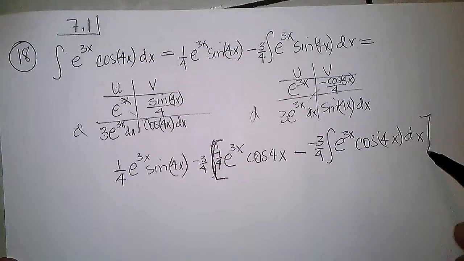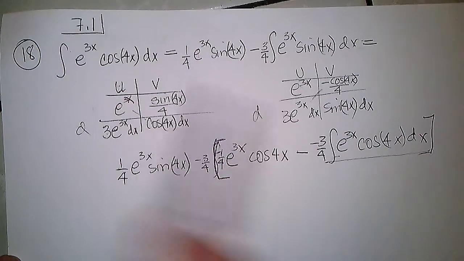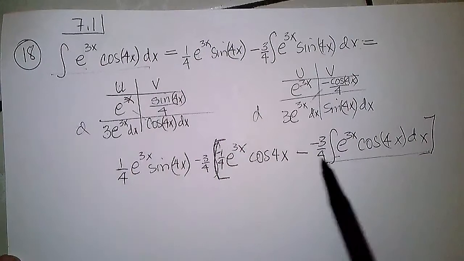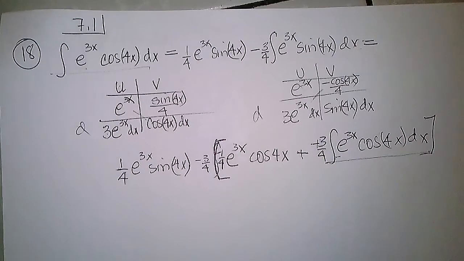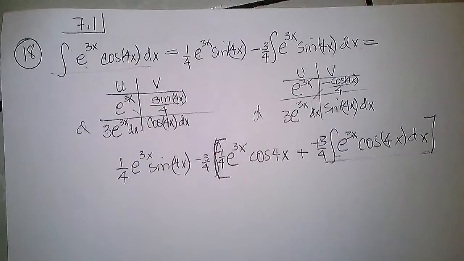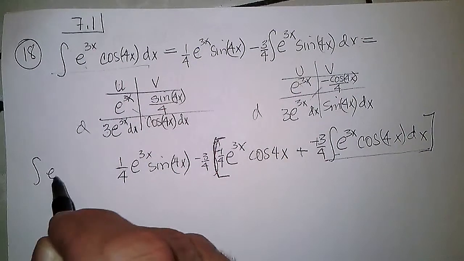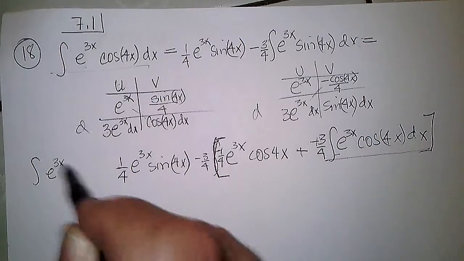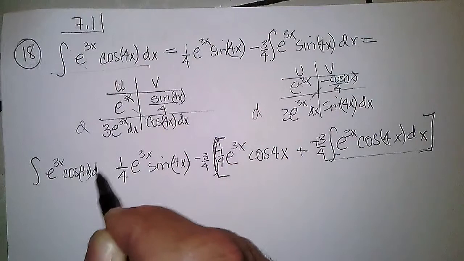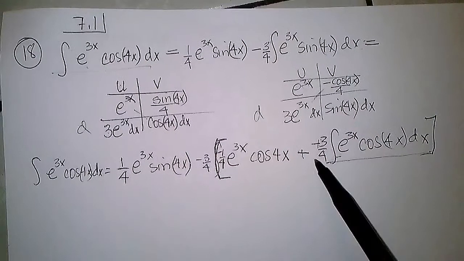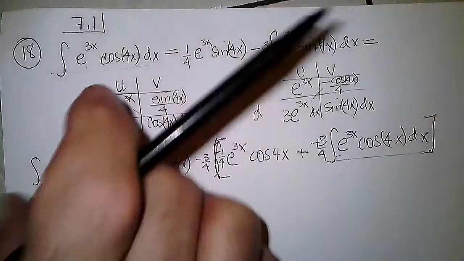Now, you might say, whoa, we're right back to what we started with. That looks exactly like this, except it's minus 3/4, and minus is actually plus. But we are not losing ground or spinning our wheels, because we can simplify this, and then whatever this is, we can bring it over to this side.